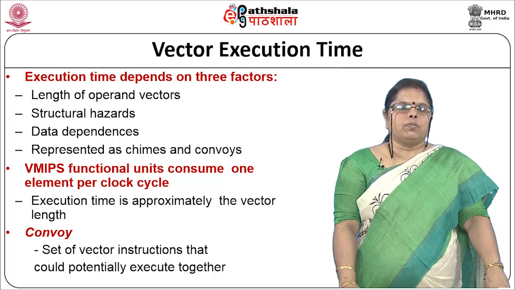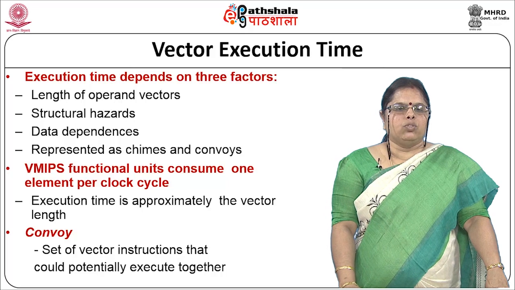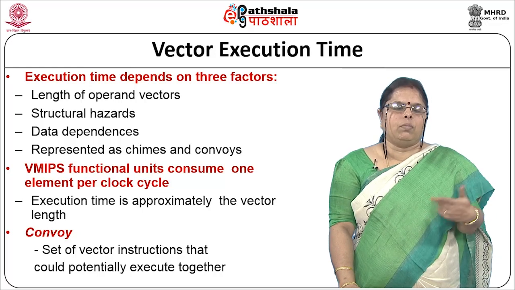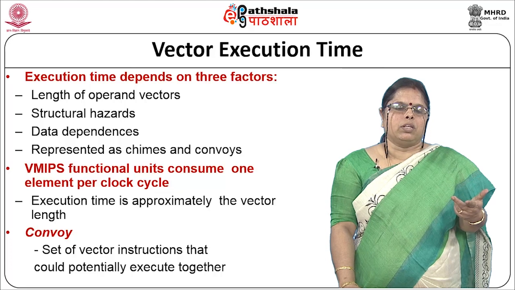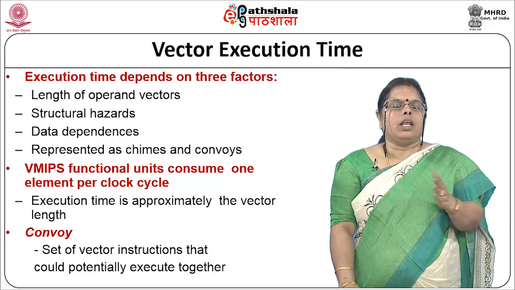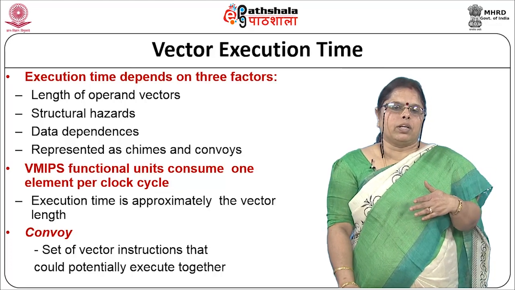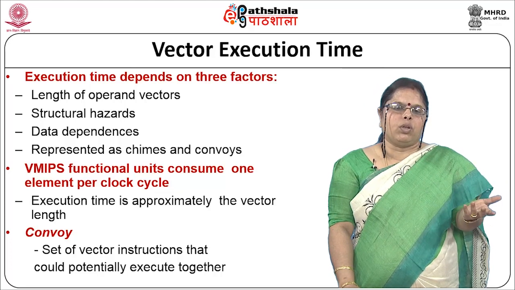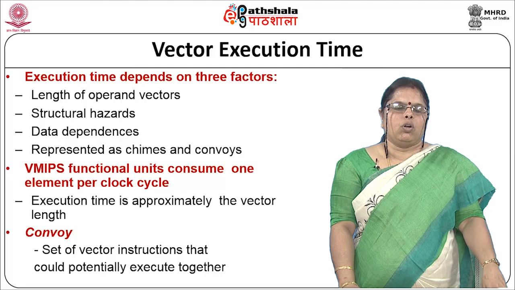We assume that the functional units consume one element per clock cycle. So, the execution time is approximately the vector length, because every clock cycle one element finishes operation. If you ignore the initial latency required to fill up the vector, it basically depends on the vector length. So, if you have 64 elements, it is going to take 64 clock cycles.